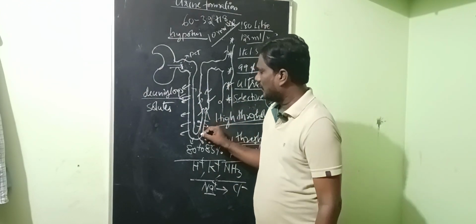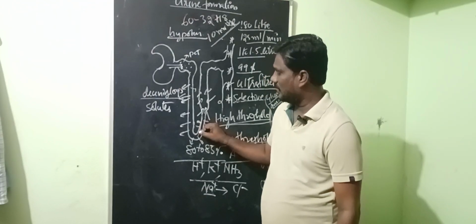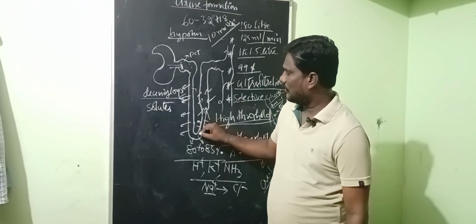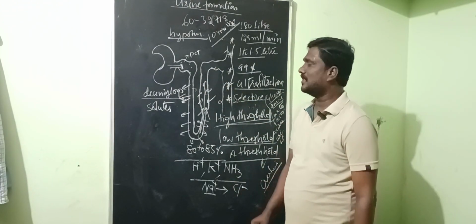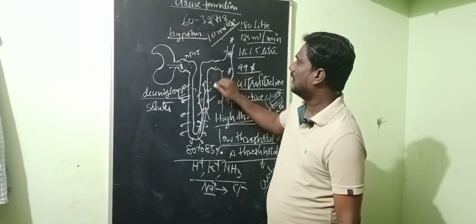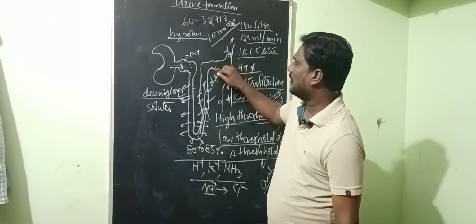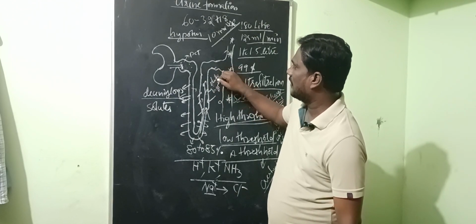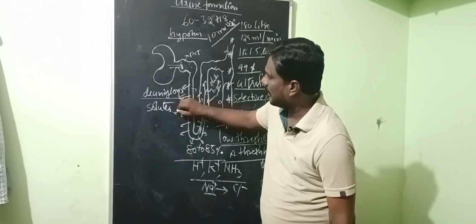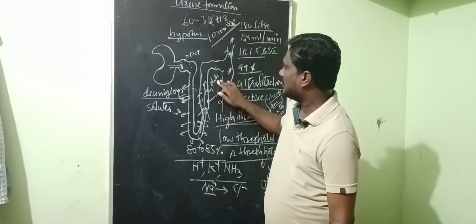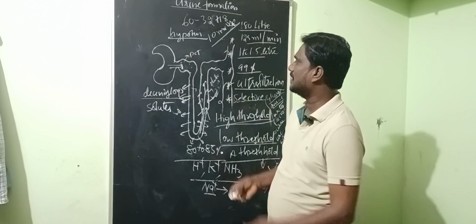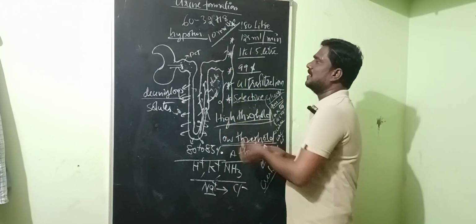And when this solution moves upward to the cortex, that makes the interstitial fluid dilute, which makes it hypertonic.